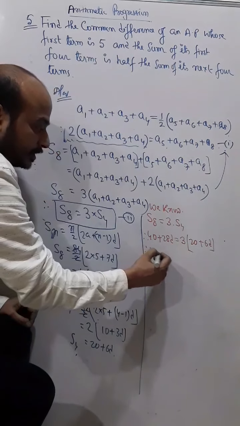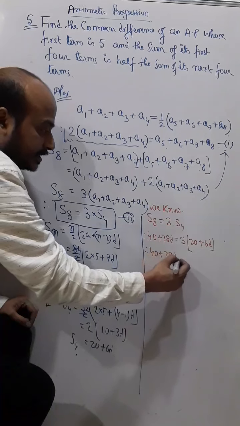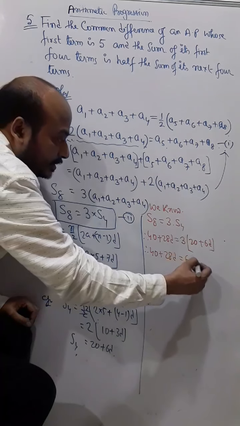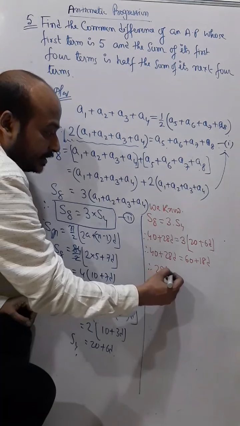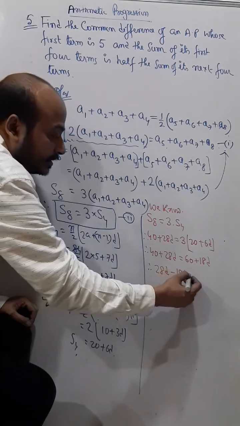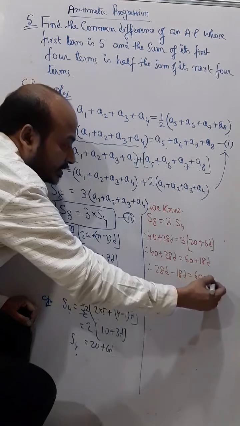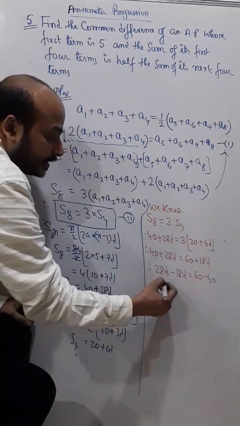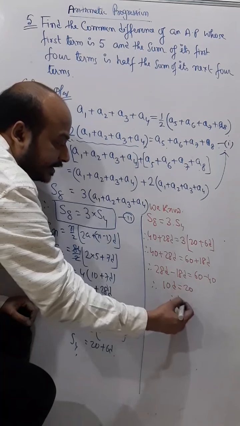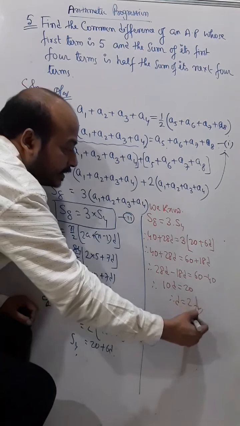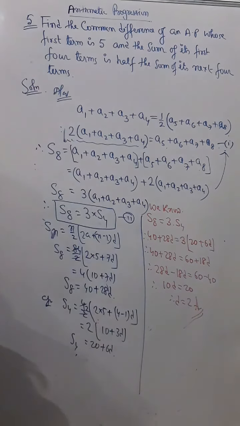So we got 40 plus 28D is equal to 60 plus 18D. So we got 28D minus 18D is equal to 60 minus 40. So we are getting 10D is equal to 20, and finally we are getting D as 2. Okay, D as 2. Clear? Understand?